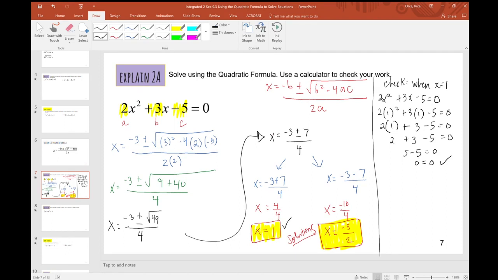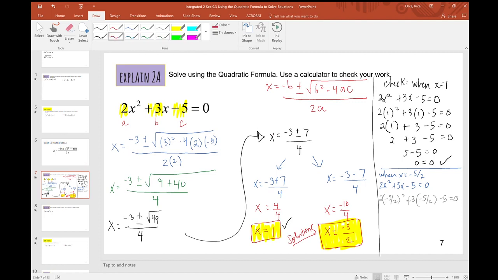Now let's plug in negative 5 halves. When x equals negative 5 halves, we have 2x squared plus 3x minus 5 equals 0. So that's 2 times negative 5 halves squared plus 3 times negative 5 halves minus 5 equals 0.